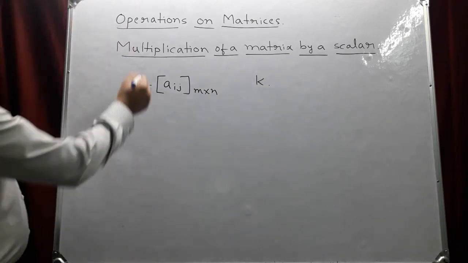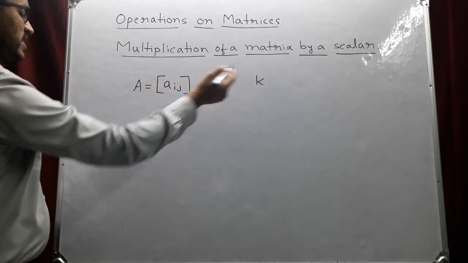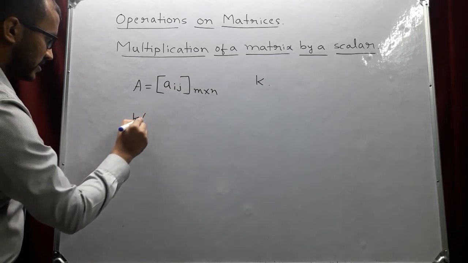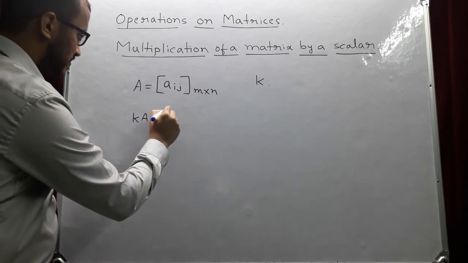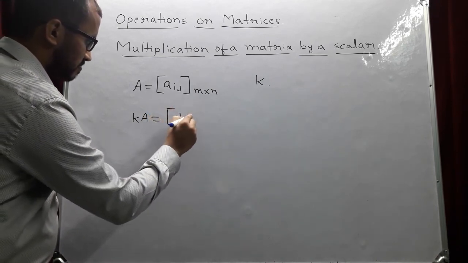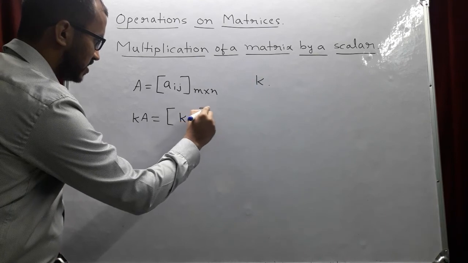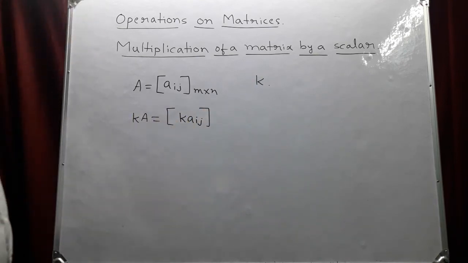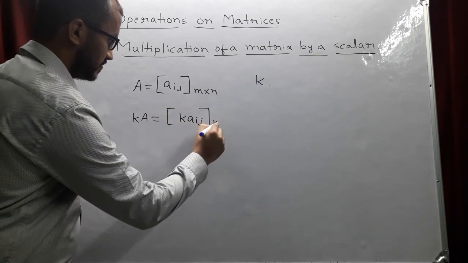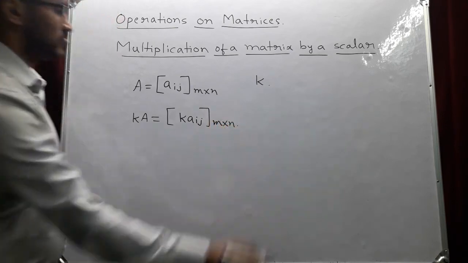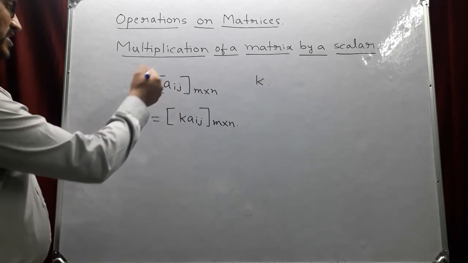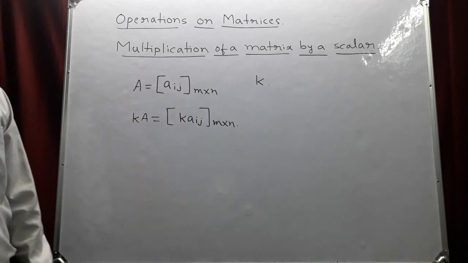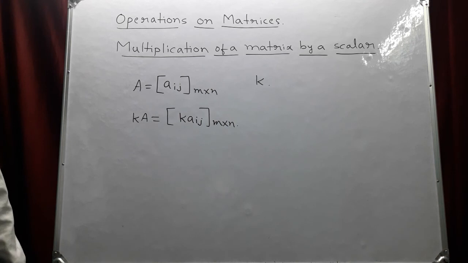Then the multiplication of the matrix A by k, which we write as k into A, is obtained by multiplying each element of the matrix A by the scalar k. So multiplication of a matrix by a scalar means what we have to do? We have to multiply each element of the given matrix by the given scalar quantity.